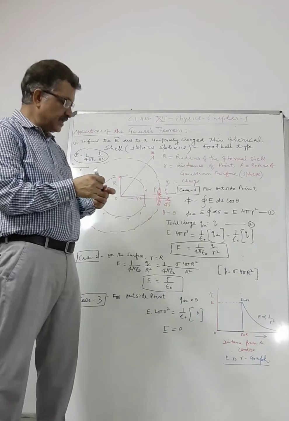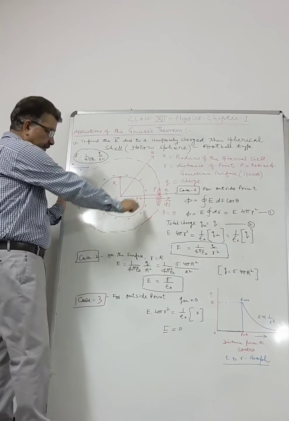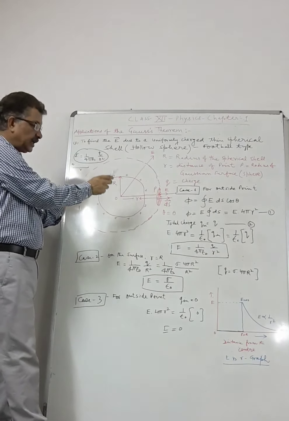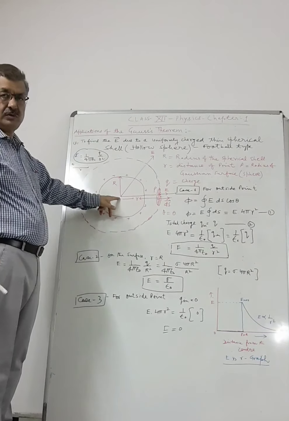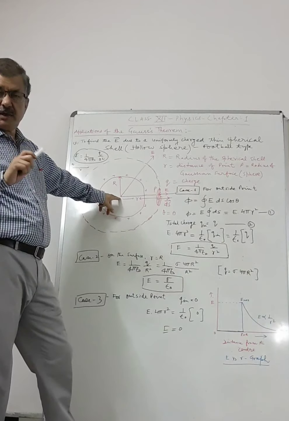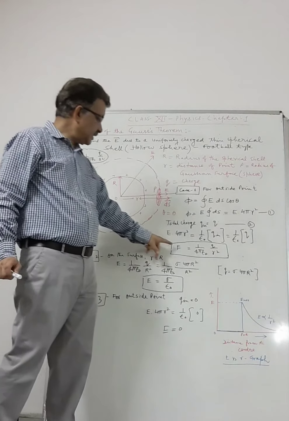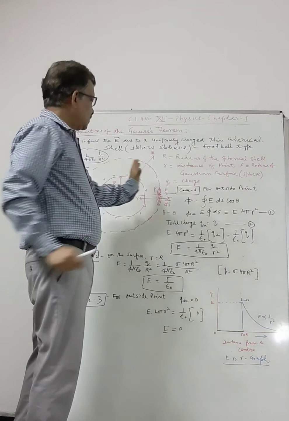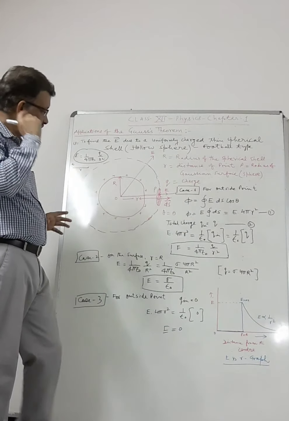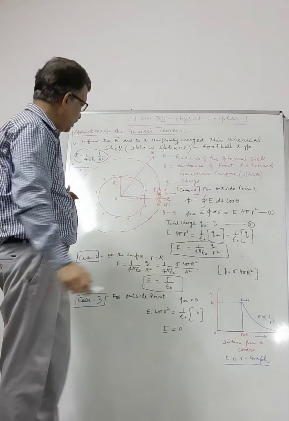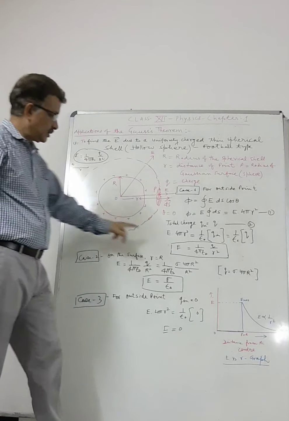So from here we can say that for an outside point, this charge is behaving as if it is concentrated at this point O. It is a very important feature that for an outside point the charge behaves in such a manner that it can be considered to be located at the center of the distribution.